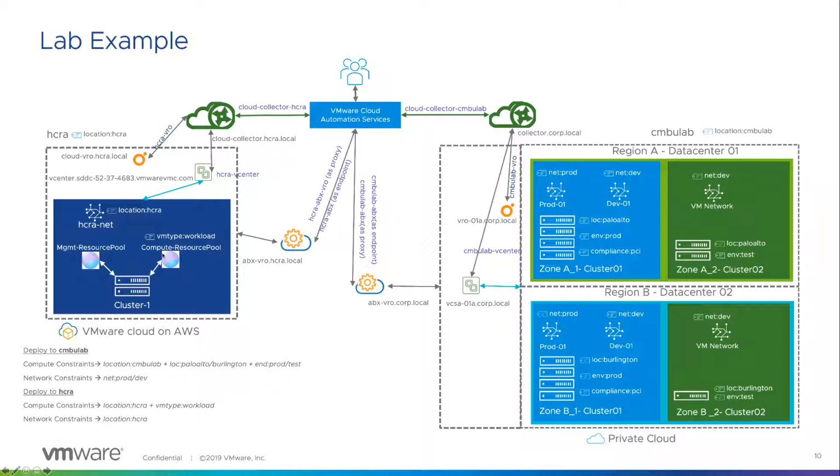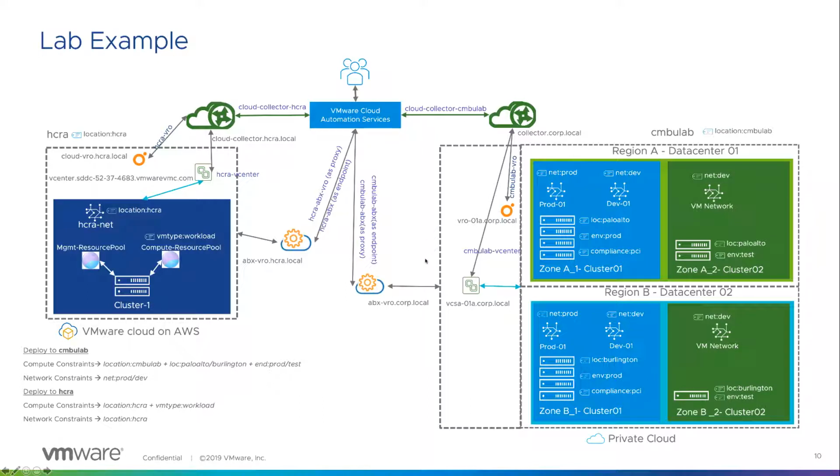Now when VMware Cloud Automation Services discovers this environment, it would tell you that okay, I can deploy in both. But if you really deploy to the MGMT resource pool, it would fail. You do not have the permission to deploy there. So at deployment time, you need to make sure that the deployments go to the compute resource pool. That's the requirement.